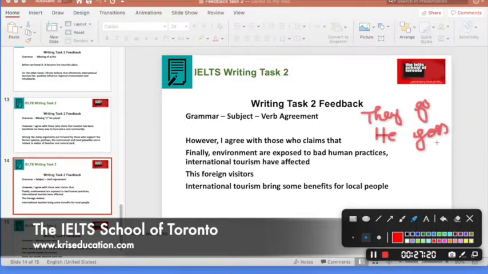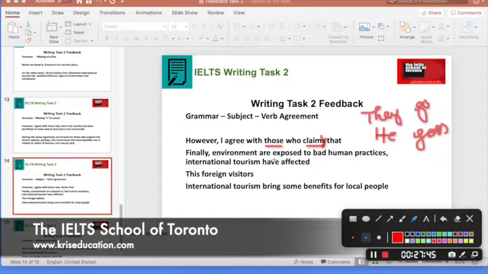So he goes, it goes without saying. Be careful with this too. So what we've got here, those is plural, claims is singular. A plural pronoun like those needs a plural verb, claim.